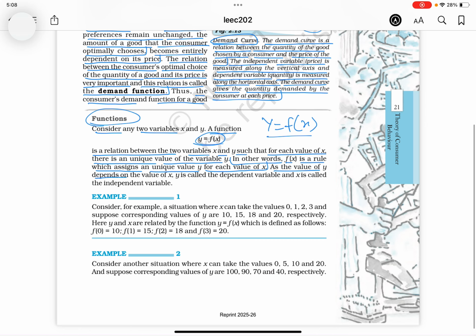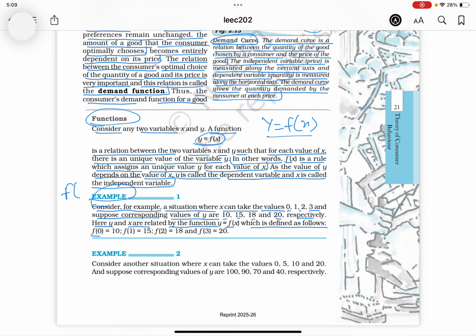As the value of y depends on the value of x, y is called the dependent variable and x is called the independent variable. Example: consider a situation where x can take the values 0, 1, 2, 3 and suppose corresponding values of y are 10, 15, 18, 20 respectively. Here y and x are related by the function y = f(x), which is defined as follows.